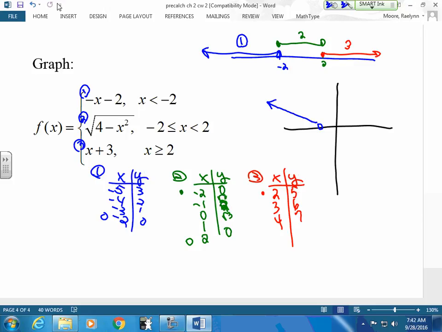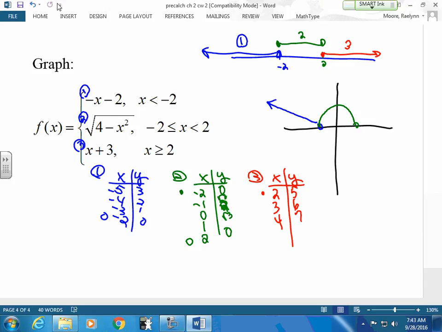Slope is 1. If you want to put your points as you go, fine. If you can catch the sketch, work on the sketch. The middle part, the highest it's going is 2. So we started here, and now I'm going to close it here, and we're coming around to this guy where it's opened at 2, and it's just making a little arc. It's like half of a circle.